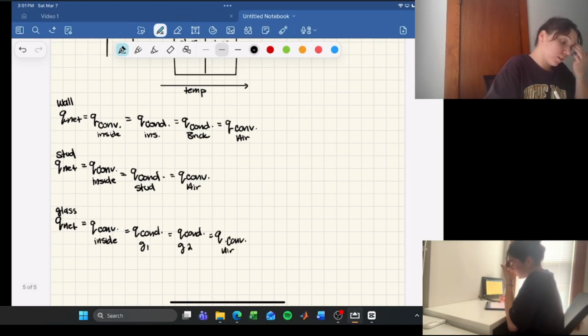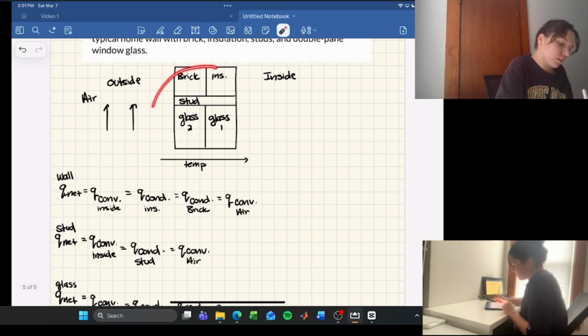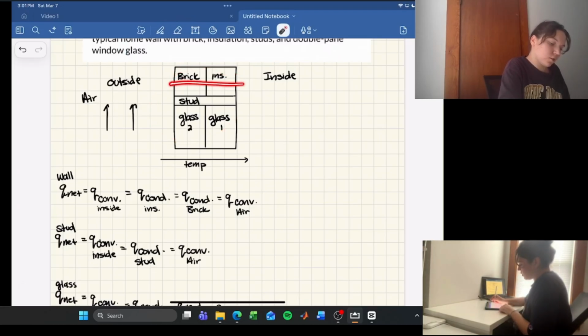So this is how we get this whole thing simplified into just 3 main heat flows.